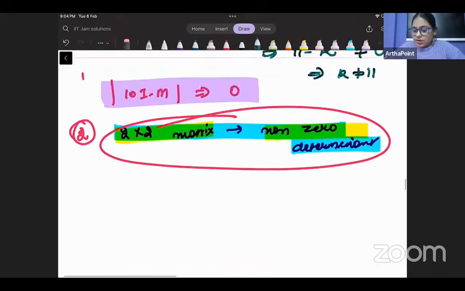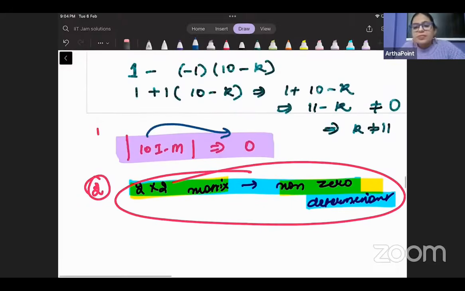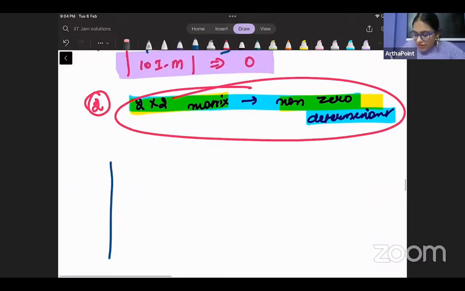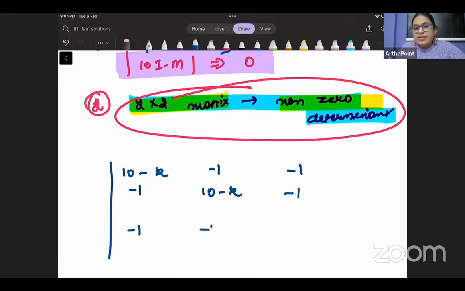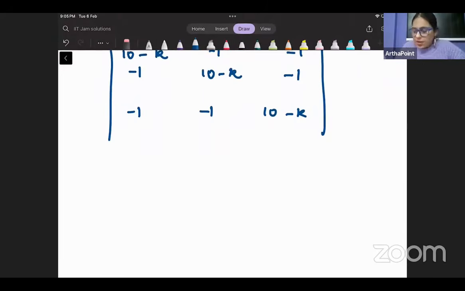ठीक है जी, ओके बेटा. Now I will start and try to find the determinant of this matrix and equate it to 0. Because मुझे चाहिए कि इसका determinant 0 हो जाए, तभी उसकी rank 3 नहीं होगी. So I want to find the determinant of 10 minus k, minus 1, minus 1; minus 1, 10 minus k, minus 1; minus 1, minus 1, 10 minus k. थोड़ा सा रो ऑपरेशन कर लेते हैं, things will become easier.